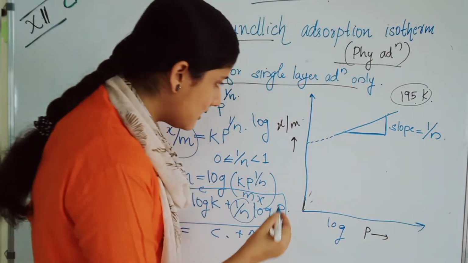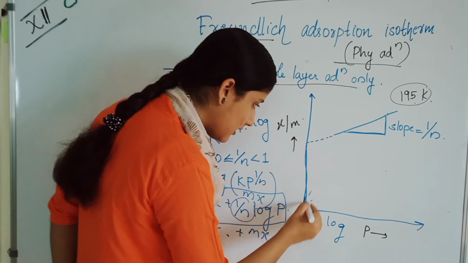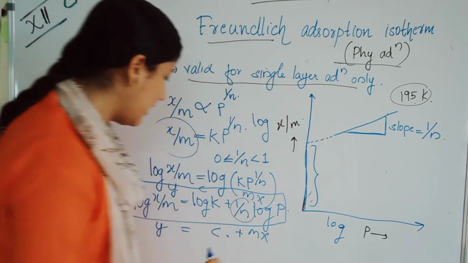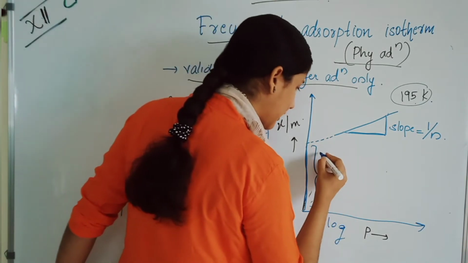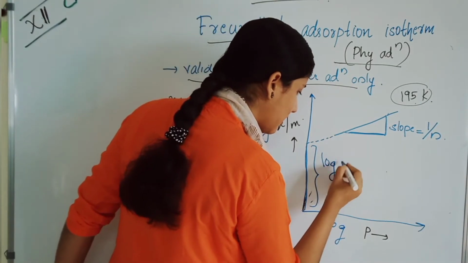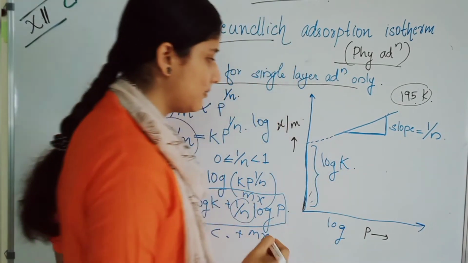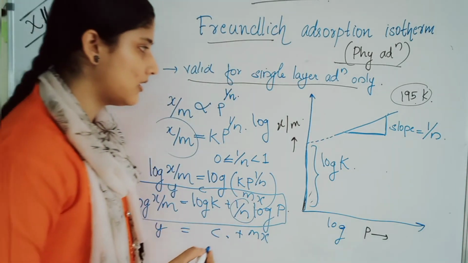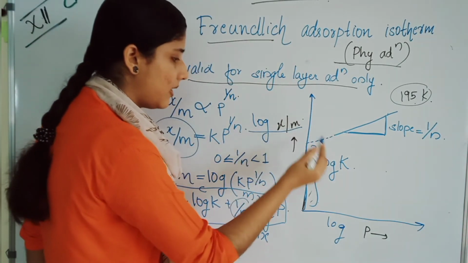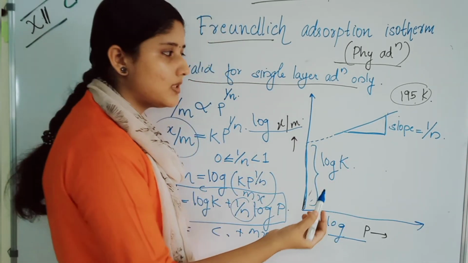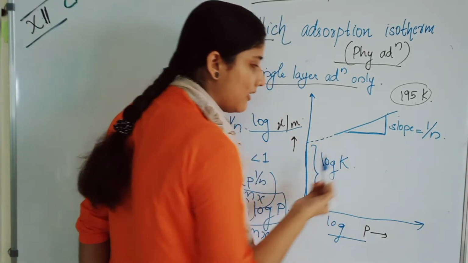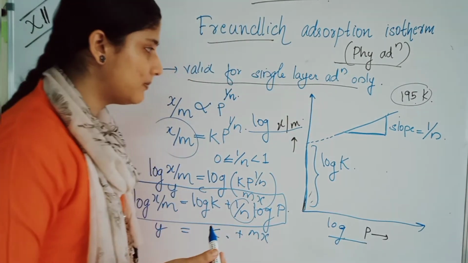Okay, this is the y-intercept, and what is the y-intercept? Log k. Log k is the y-intercept. Okay, students, when we plot log x by m versus log P, we will get a straight line where the slope is equal to 1 by n. This is very important, okay?